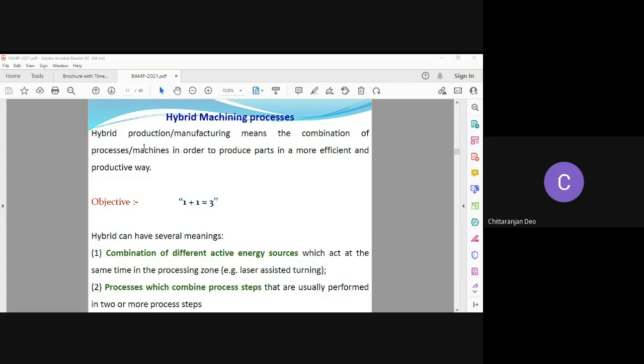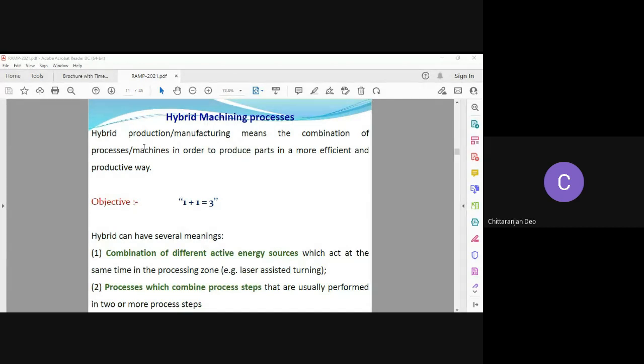Assisted type process is one in which only one of the participating processes directly removes the material, while the other process only assists the removal by having a positive effect on the condition of the machining.